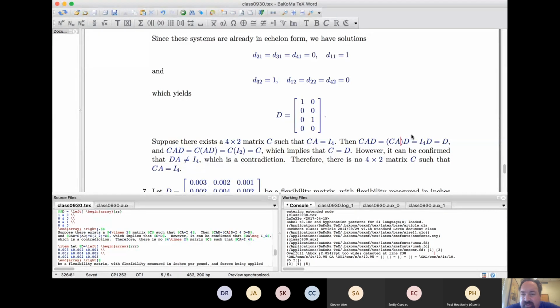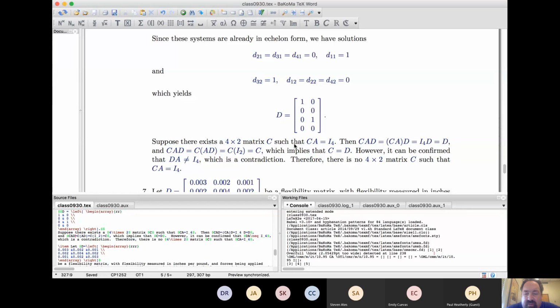And by assumption, that's identity. So what am I left with? It's just D. Now, if I use the same starting point, and associate the other way, C, A, D, I associate A and D. Well, I already know that's identity. So I get C. So C times A times D is equal to D and also C.